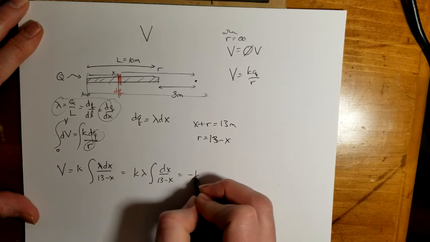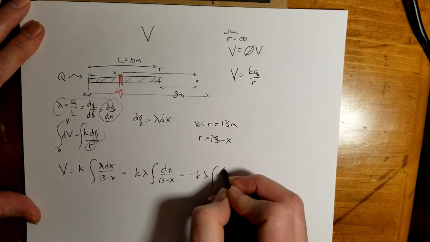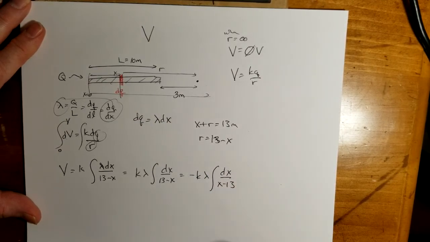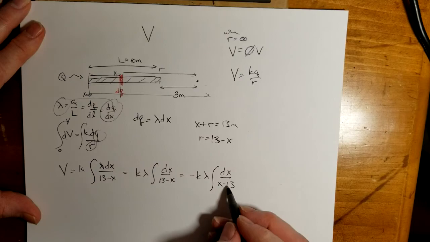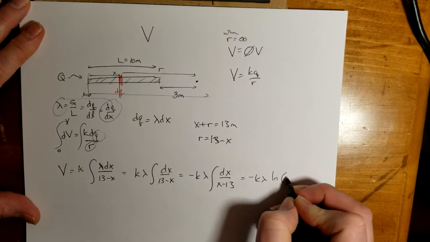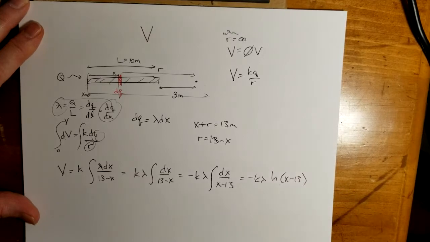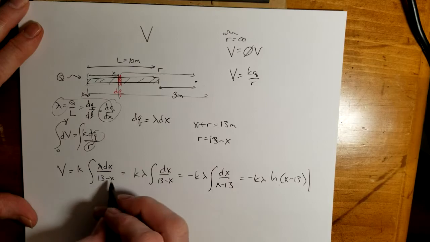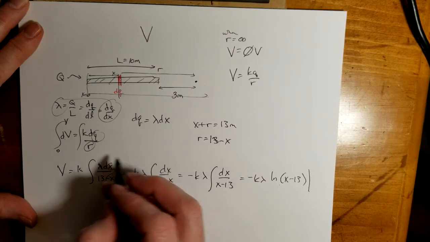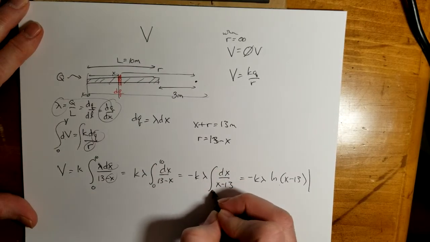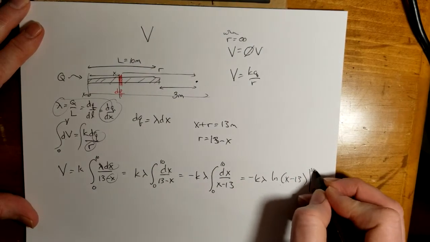which is negative k lambda integral of dx over x minus 13. Integrating, this becomes negative k lambda times the natural log of x minus 13. At this point we have a single variable here, x, and x goes from 0 to 10.